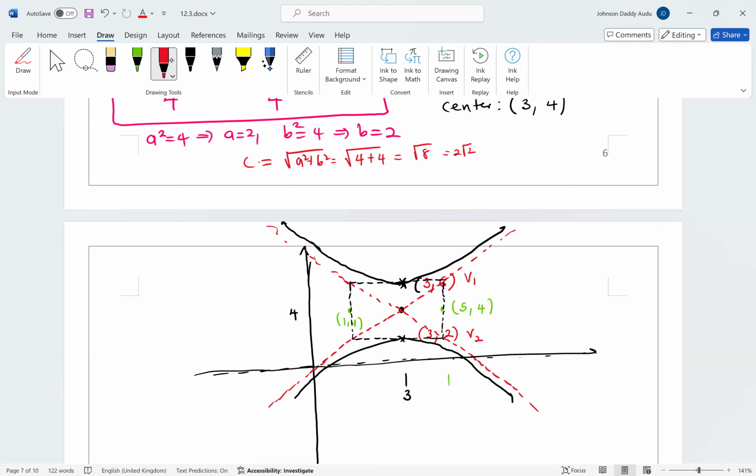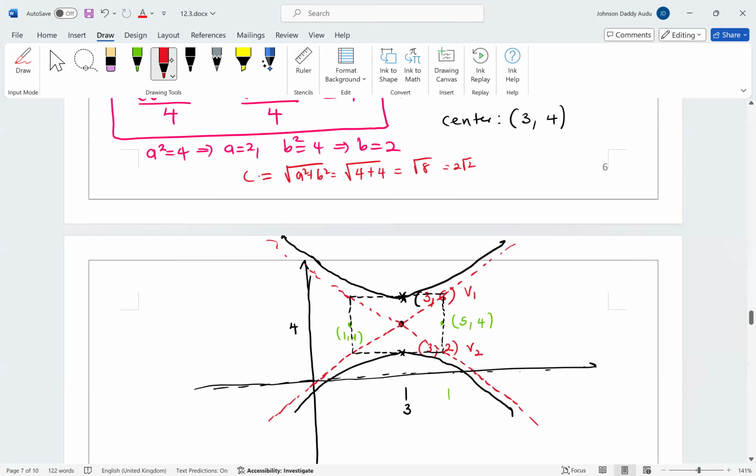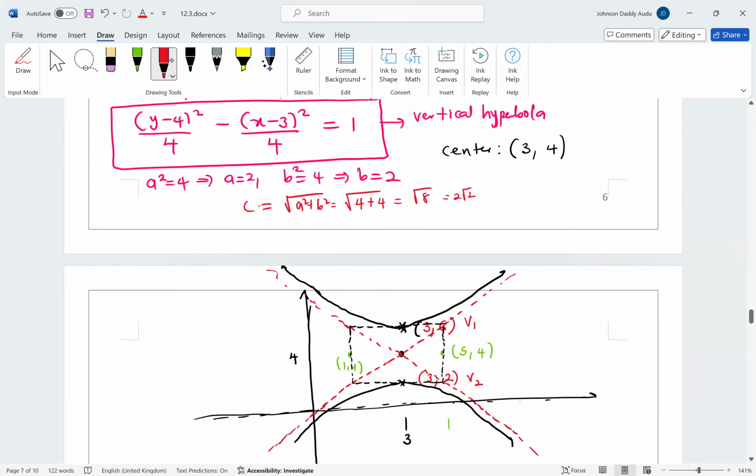Remember, our focus will be on the transverse axis. So it's going to be on the y-axis, since we're dealing with a vertical hyperbola. And our C here is 2 root 2, which is the square root of 8.